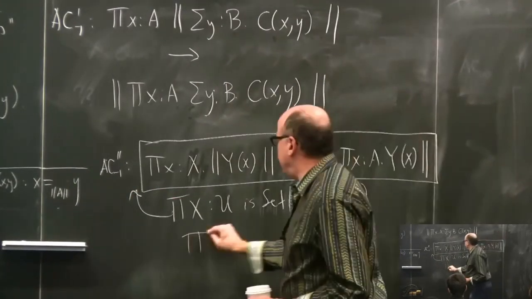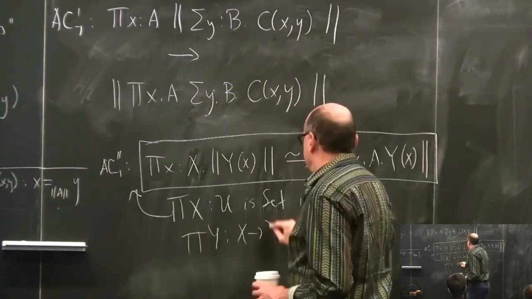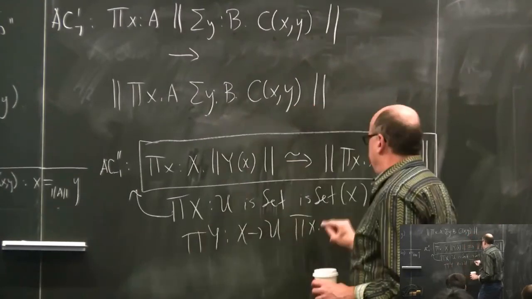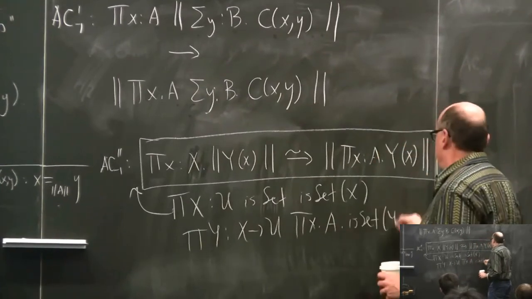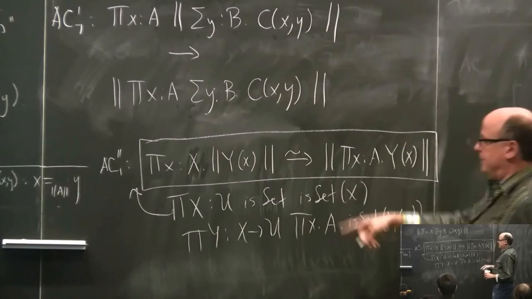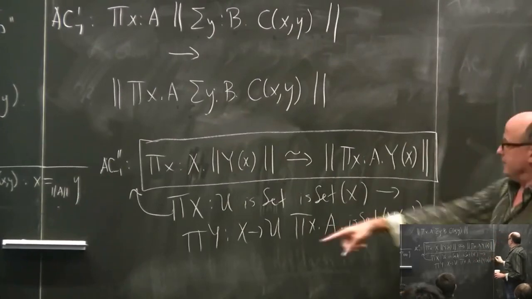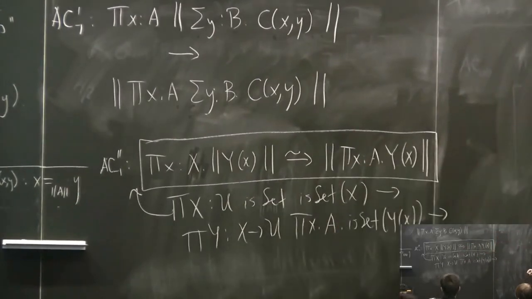And I want to know for every y in x arrow u such that component y is a set, y of x. So this arrow is the prefix to that condition.